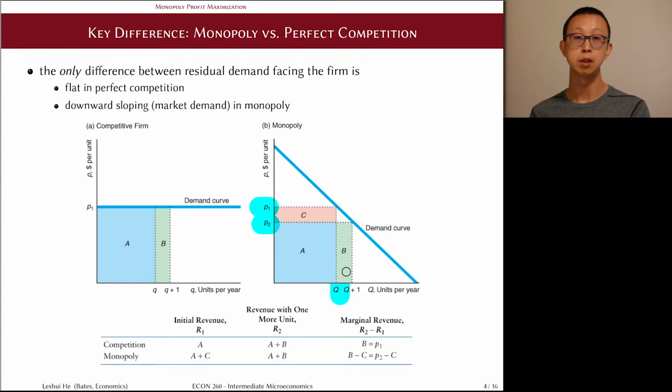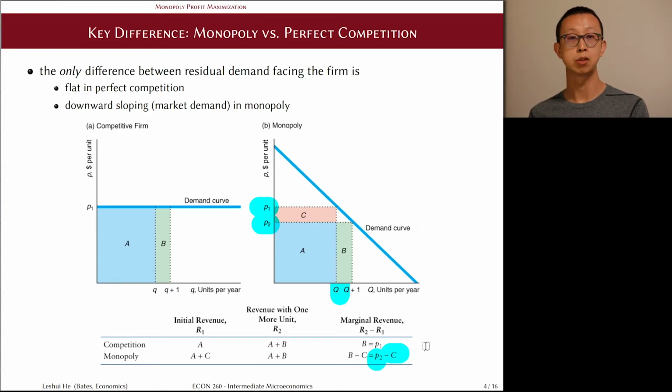In comparison, the firm gains new revenue from the green area marked by B, but loses the area marked by C, because the width of this green rectangle is only 1 unit. So the area of B is exactly the price level of P2. Therefore, the marginal revenue of the monopolistic firm is P2 minus the area of C here.